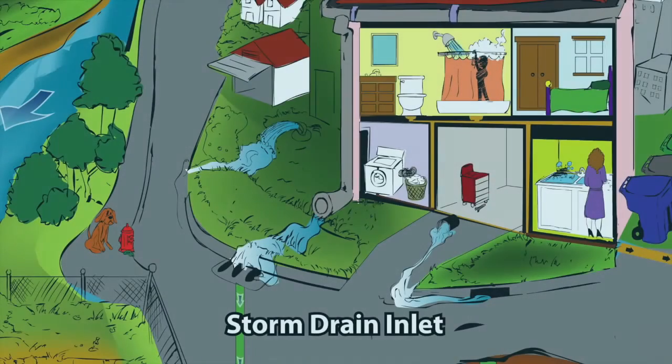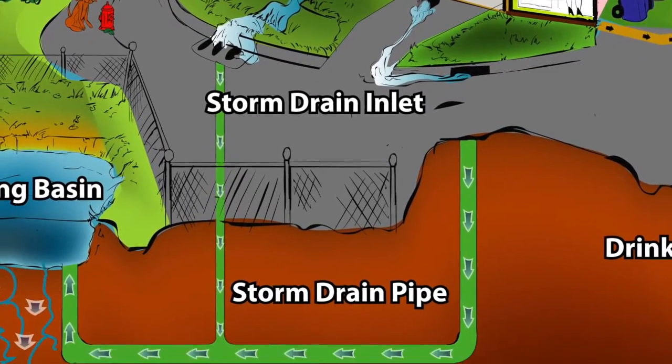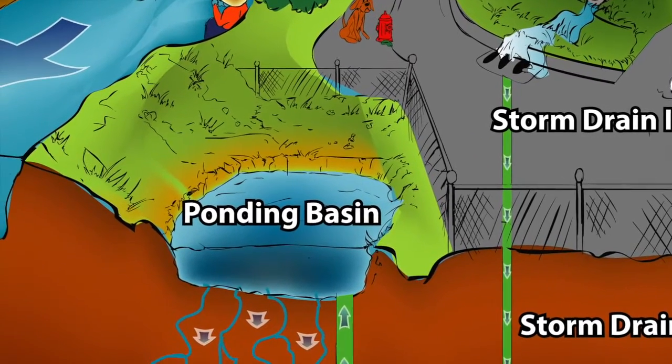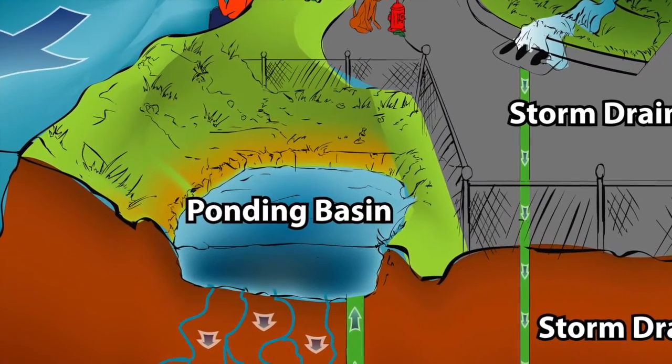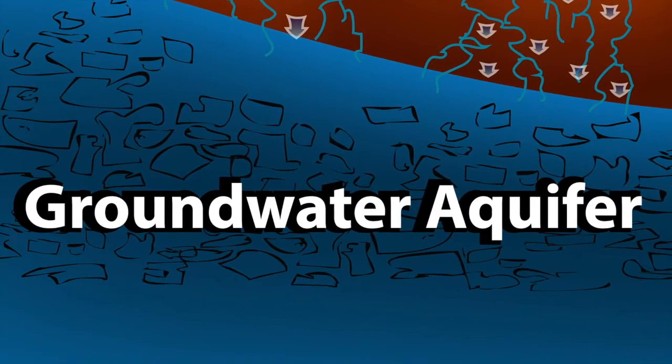Water from the rain or urban runoff goes into the storm drain system, where it flows through a system of underground pipes to one of our pond basins throughout our community. At the pond basin, the water slowly soaks into the ground and into our groundwater aquifer.